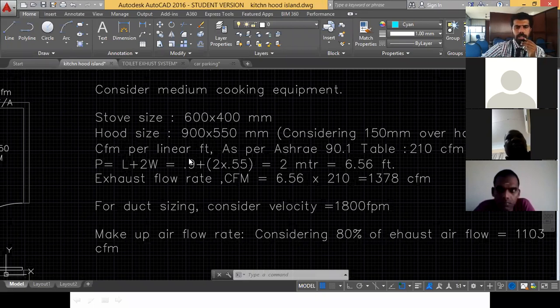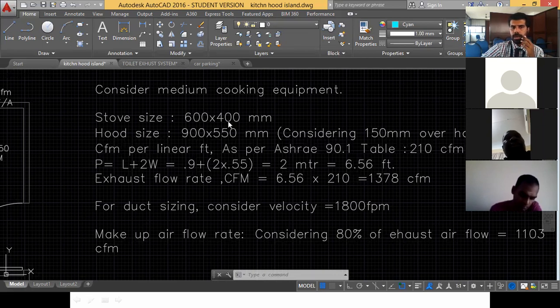Yeah. Now this is 600 into 400. So considering 150 mm overhang, the 600 will be converted to 900, which means 600 plus 150 plus 150, 150 on the left side and 150 on the right side. You'll be getting 900.